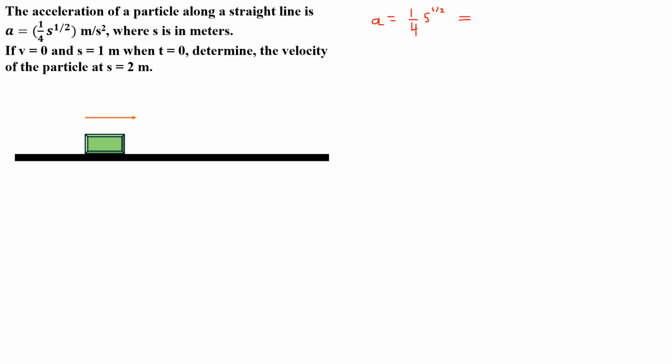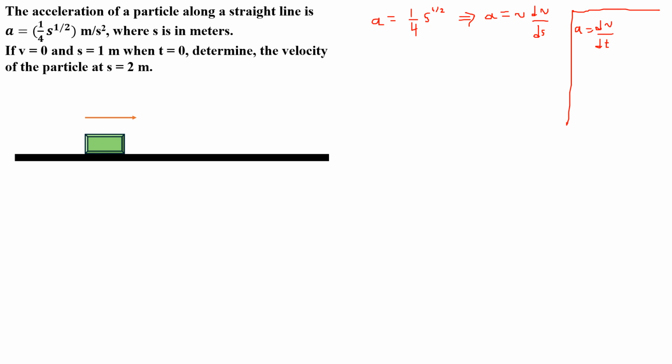One of the differential formulas is that a equals v dv over ds. Here just a quick reminder, how do we have this? a is equal to dv over dt. Now I can express a in terms of s and v alone, without the time, using the chain rule.